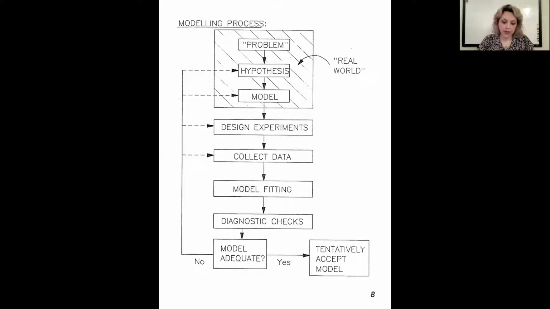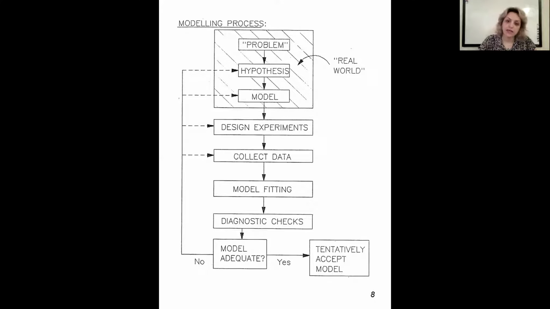You intentionally change some parameters in your experiments and then analyze the effect of that on the result. With design of experiments, you collect the data, do the model fitting, and then diagnostic checks. Whenever we say diagnostic tests, it means all of these residual plots and the different types of residuals.